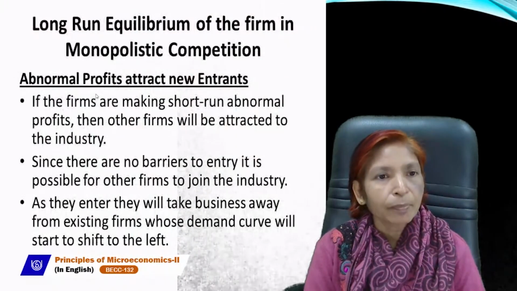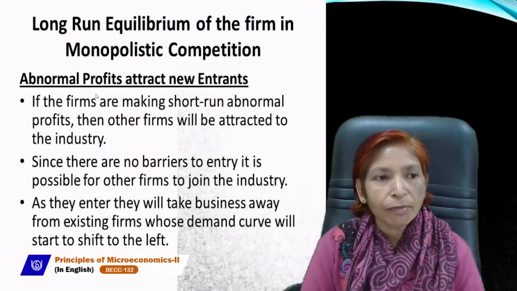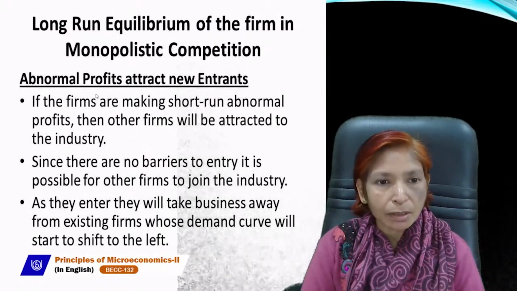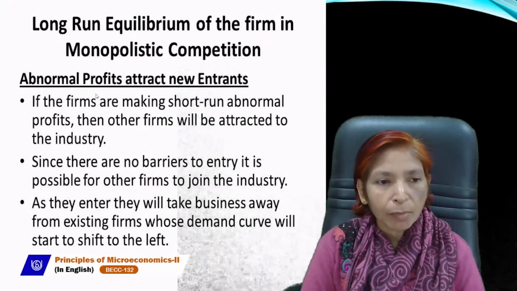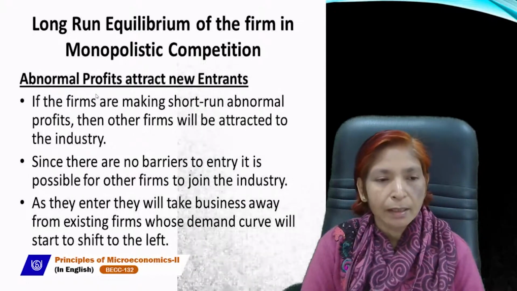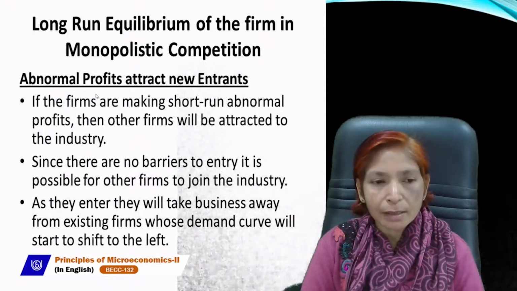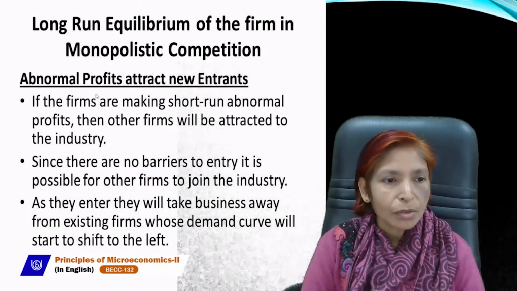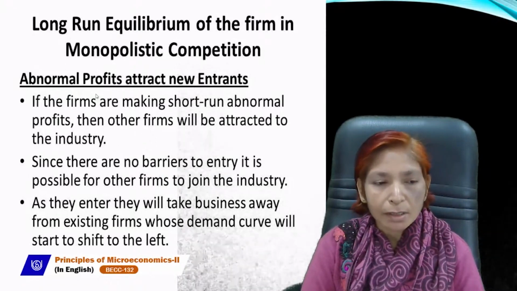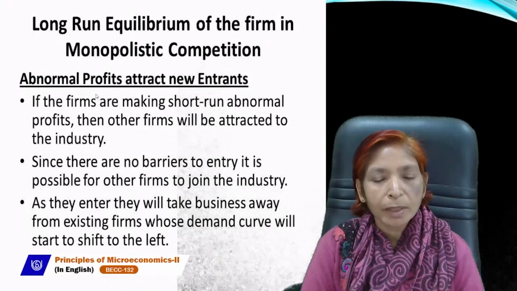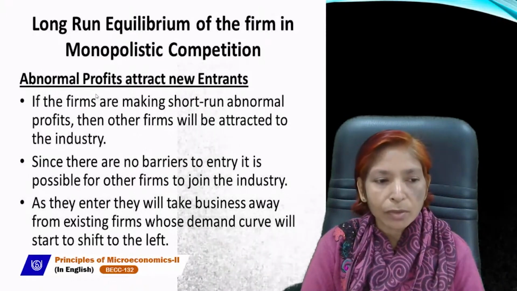Now next is the long run equilibrium of the firm in monopolistic competition. As I have discussed, abnormal profit always attracts new entrants, and there is freedom of entry and exit in this market. So if the firms are making short run abnormal profit, then other firms will be attracted to the industry.